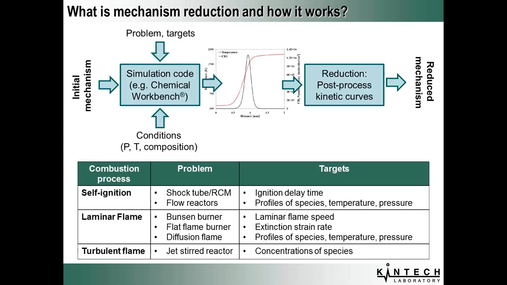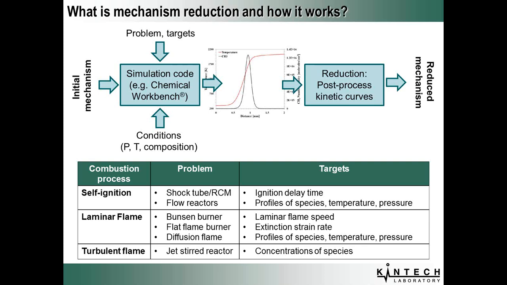So what is the essence of mechanism reduction? Let's take a look at this slide where we have tried to illustrate it. Let's assume that you have some problem which you would like to simulate and you have some targets in this problem. For example, you have the problem of laminar flame propagation and your target is simulation of the laminar flame speed.